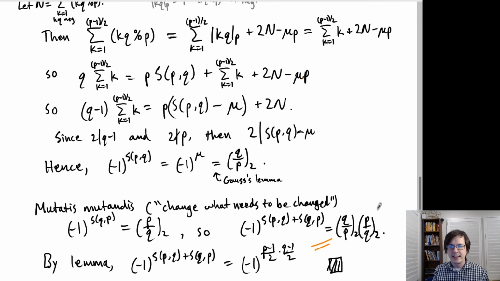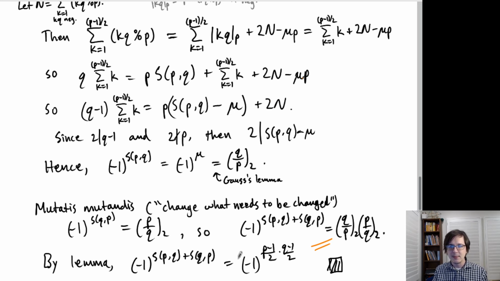And then the last thing is just to realize that because p and q are both distinct odd primes, these Legendre symbols are non-zero. So they're both 1 or minus 1, and dividing and multiplying are kind of the same thing for them. So we can just bring one to the other side. And then that's quadratic reciprocity.